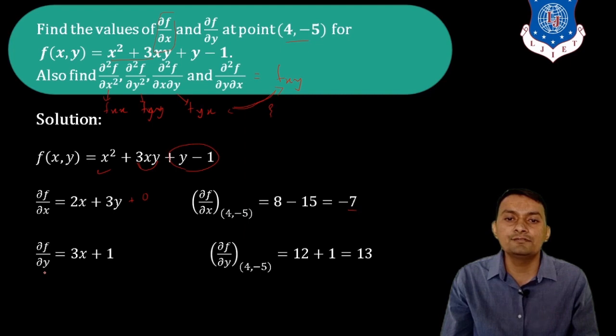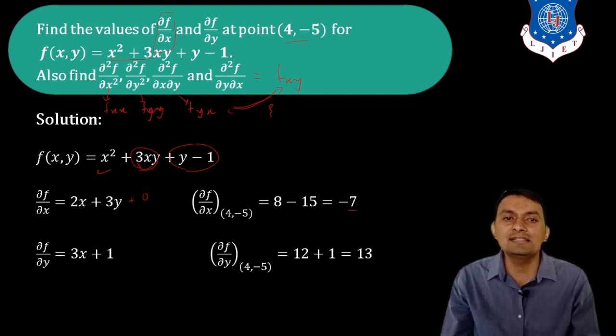The same argument applies with respect to y for this function. So x is a constant, so it will be 0. Here 3x is a constant, so the derivative of y with respect to y is going to be 1. And then after the derivative of y, that is 1, and this is a constant, so it will be 0. And we are going to get 3x plus.